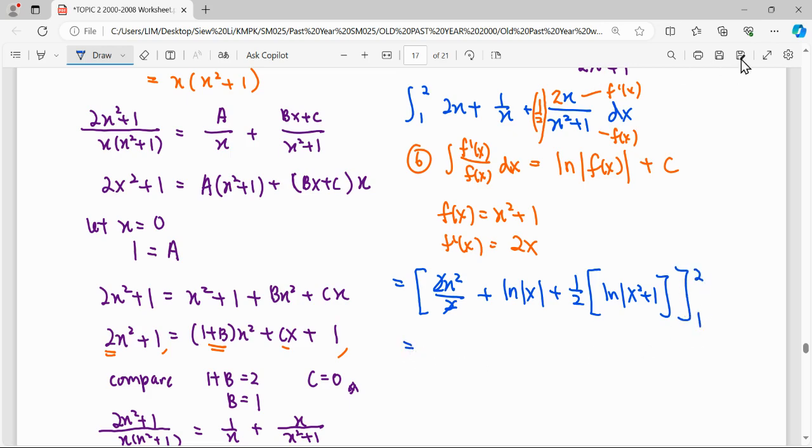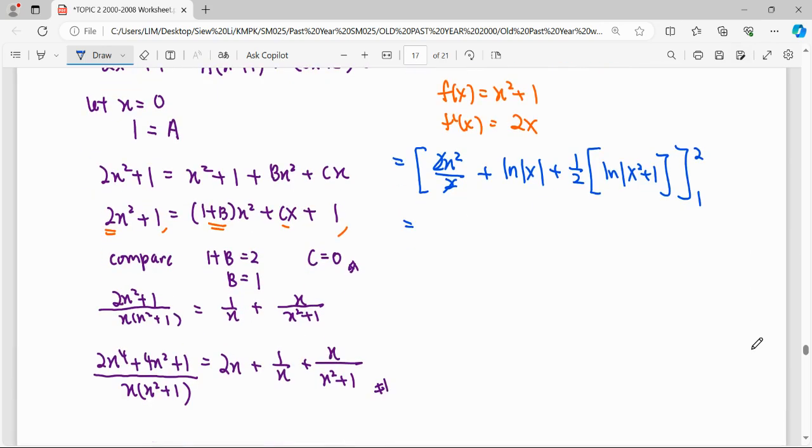So what we need to do next is substitute upper limit minus lower limit. Then we evaluate using a calculator.